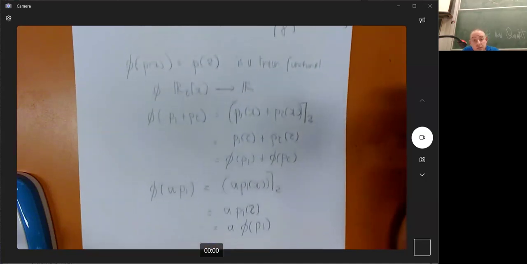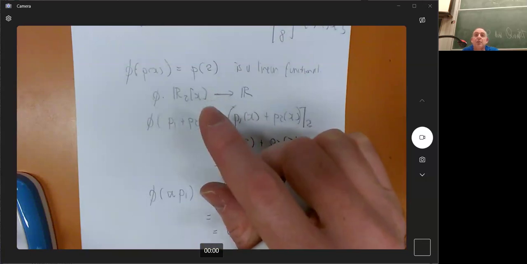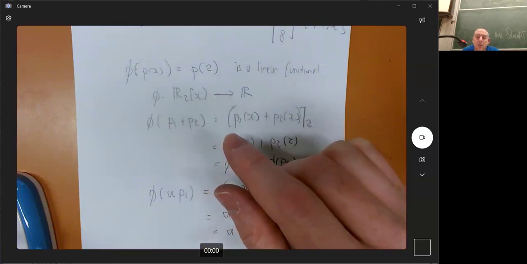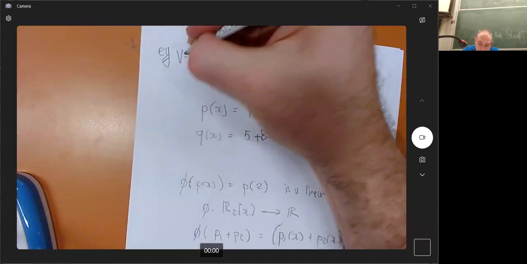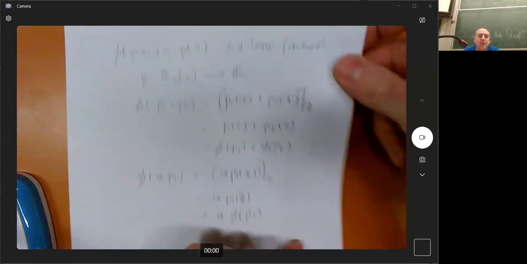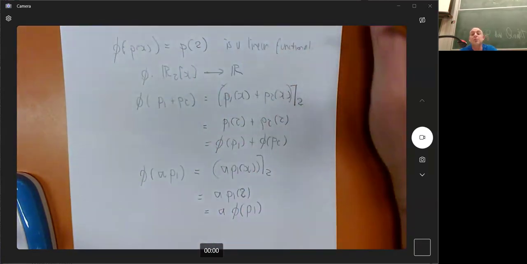And in fact, all of the evaluation functions are linear functionals. And in fact, you can make a basis for V star, if this is what V is, out of entirely these things. It's pretty cool.